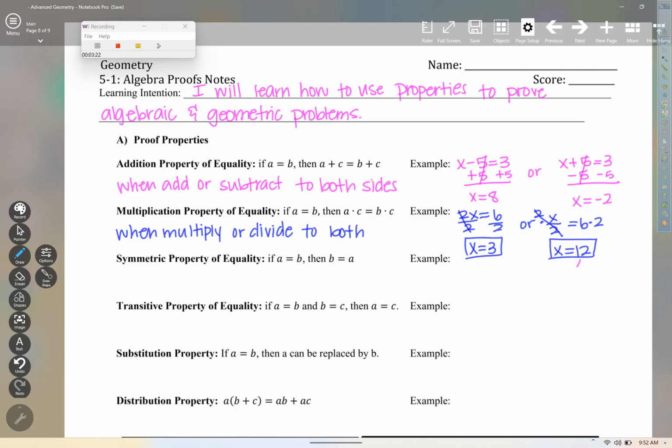But let's say the proof wanted me to say x is equal to 3. So I would use the symmetric property and say, well, if 3 equals x, then I can flip it and say that x is equal to 3. Okay, so symmetric property is flipping what side x is on.